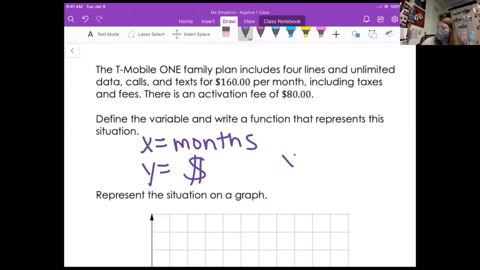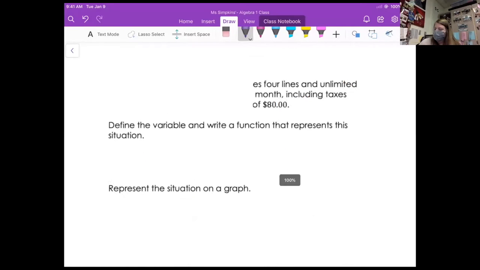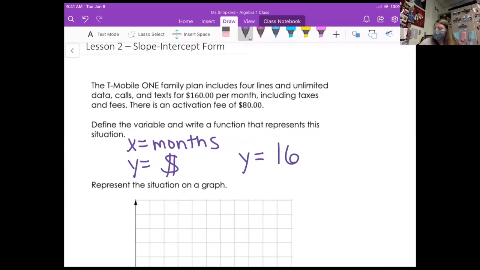My total dollars, remember total dollars is Y, is going to be that $160 per month. That X represents however many months, plus the $80 fee. Remember, the $80 only happens one time. That's why I don't put it next to X. It only happens once.